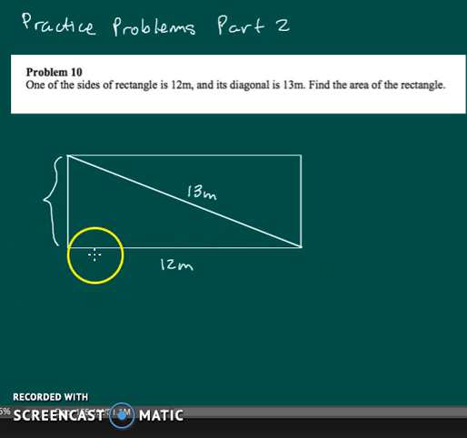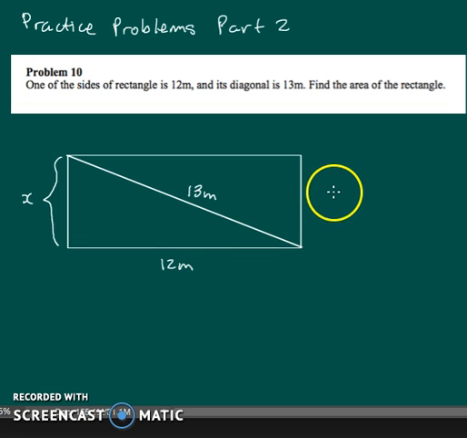So I decided to call the other side 12 meters, and we're going to call the unknown side, let's say X. So yeah, I just think it's important to draw what we're working on and to label it in a way that makes sense so that when we get our answers, we can ask ourselves, does this answer make sense in the context of my question?